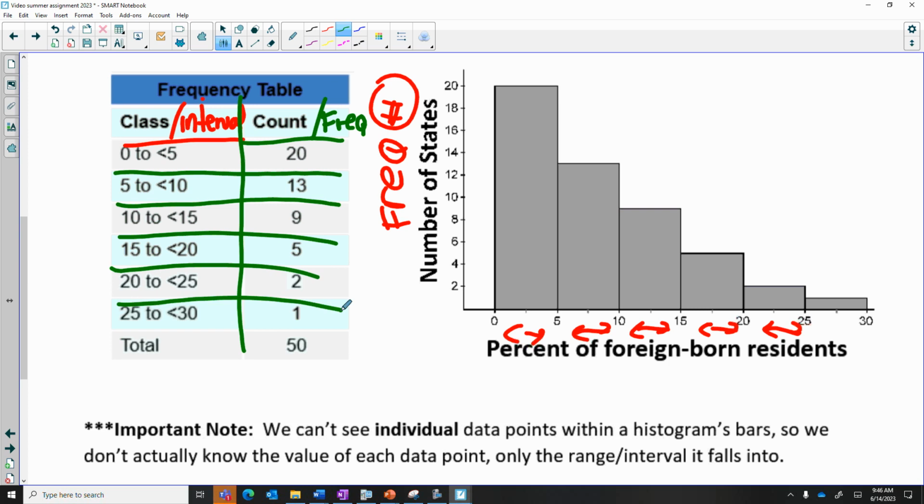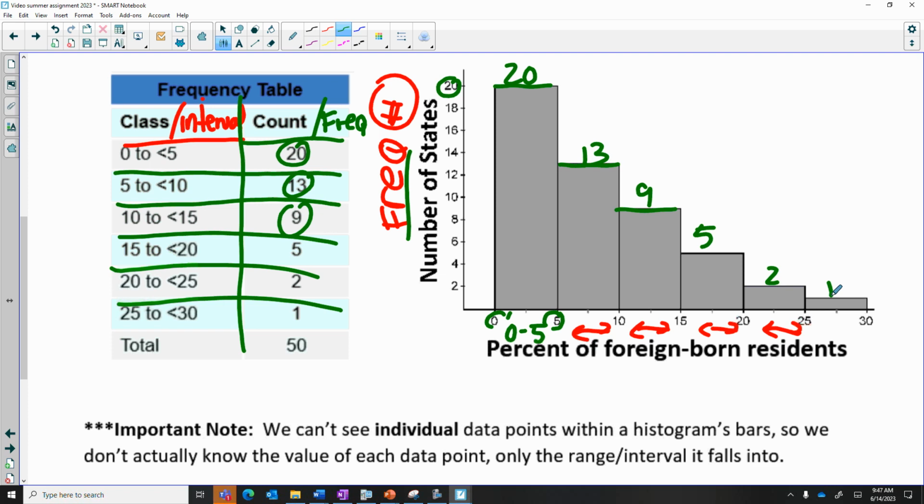So there are 20 people in this first bar, and look over here across, this is 20. So this is the frequency associated with this first interval, 0 to 5, okay? You could write 0 to 5 here if you like, or you could just write the endpoints 0 and 5 like they did. The next one, there's 13 people in the next bar. Okay, so now I have 20, 13. Next one, 9, 5, 2, and 1.